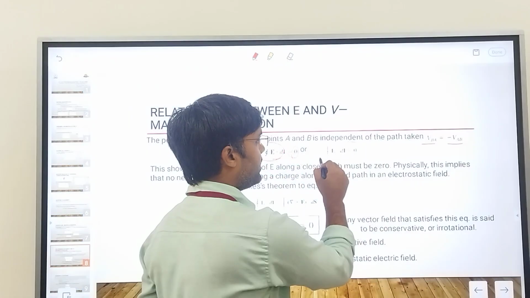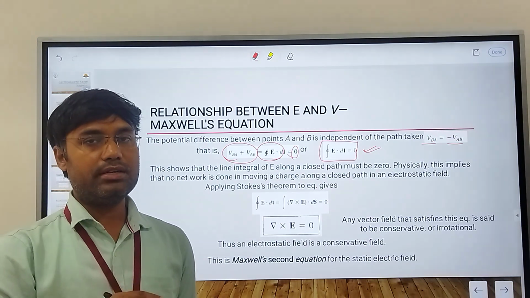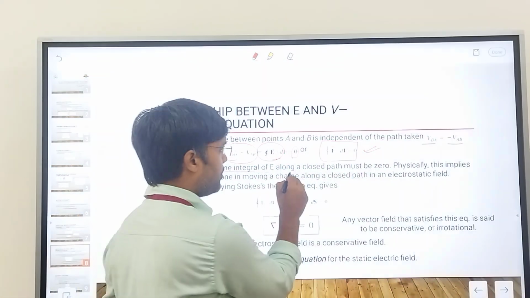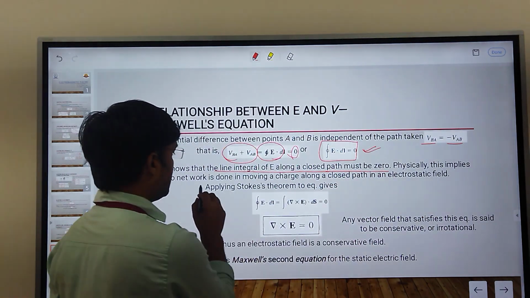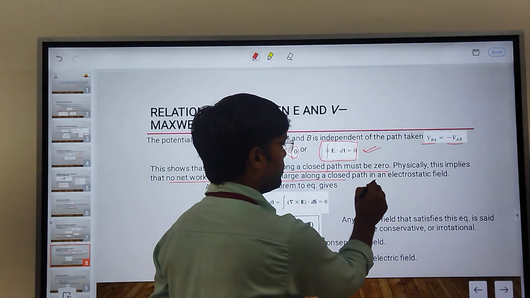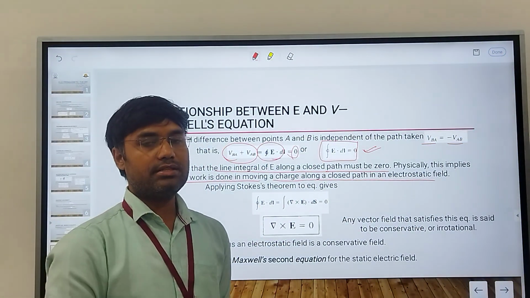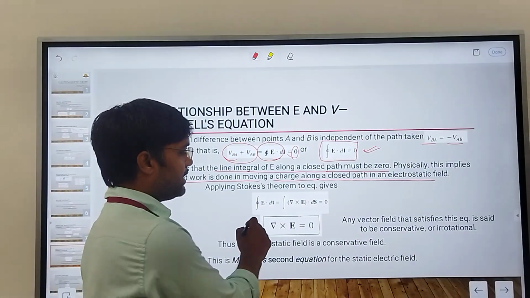So we get the conclusion that the cyclic integral of E dot dl over a closed path would also be 0. This means that the line integral of E along a closed path must be 0. Physically, this implies that no net work is done in moving a charge along a closed path in an electrostatic field. This also represents that the electric field intensity is conservative.